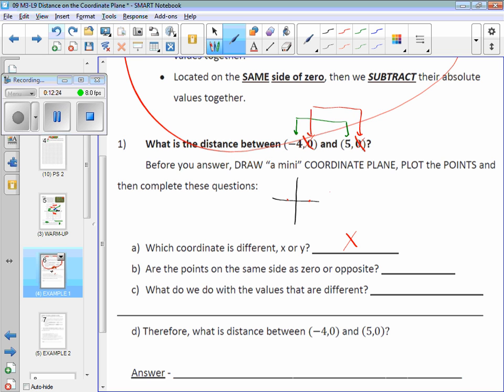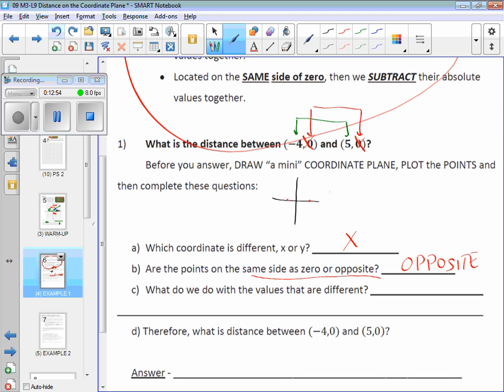Okay, next question. Are the points on the same side as 0 or opposite? And honestly, here's the secret. If you're confused with the terminology same side as 0 or opposite, it's in essence asking, are the signs the same or are they opposite? The signs. Opposite. One's negative, one's positive. So they're opposite, which also means that they're on opposite sides of 0.